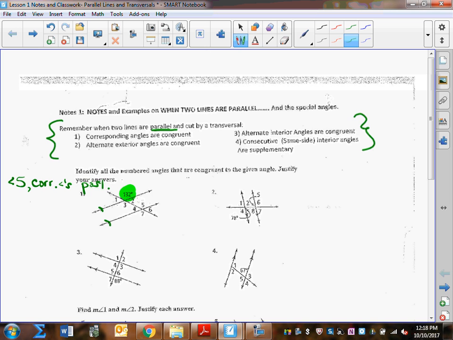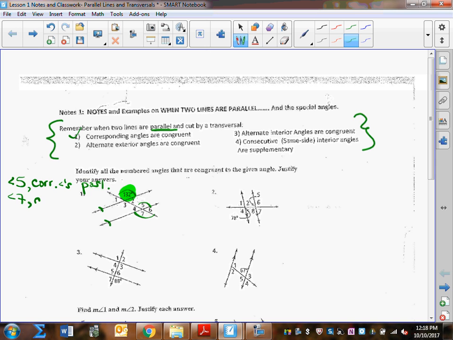So we've got 132 and 5. Okay. So we've done corresponding angles. Now we also know that alternate exterior angles are congruent. Do we have one that's alternate exterior with it? Yes. Which one? Good. Angle 7. So we have angle 7 is also congruent to 132.